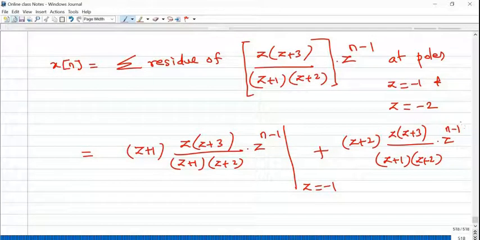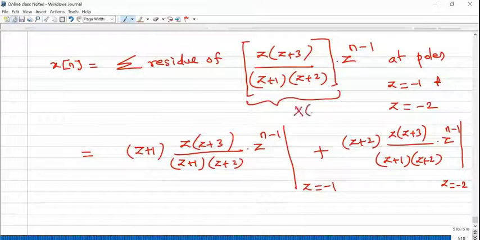After solving, replace z by minus 2. That's the meaning of this statement: summation of residue of X of z multiplied with z power n minus 1.